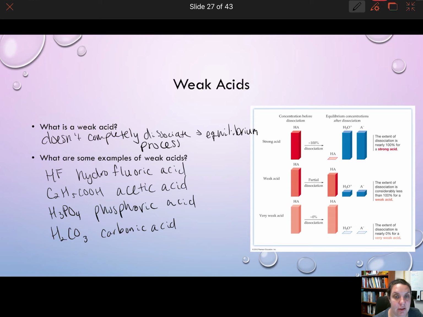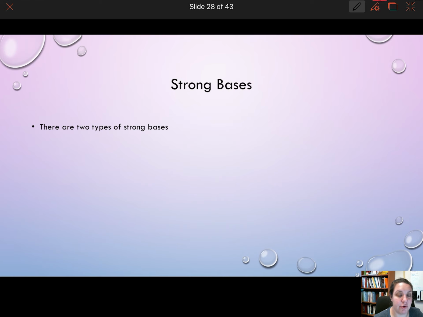Okay. Our strong bases are going to be bases that either release hydroxide during dissociation or pick up a proton. And remember, since it's a strong base, it's going to dissociate completely.